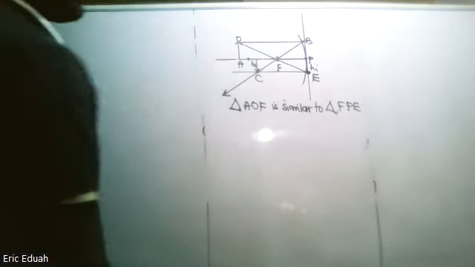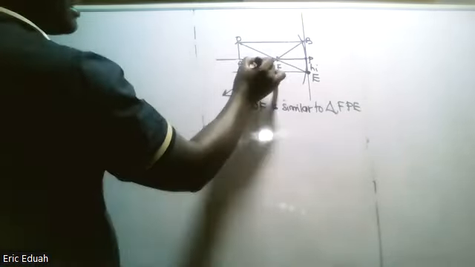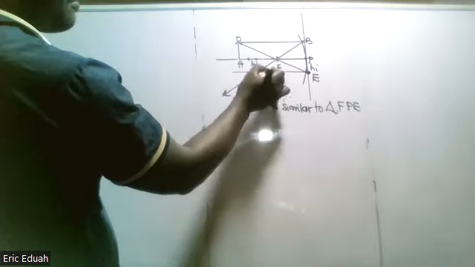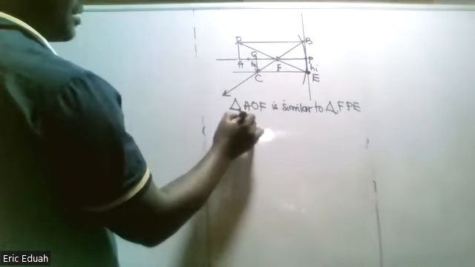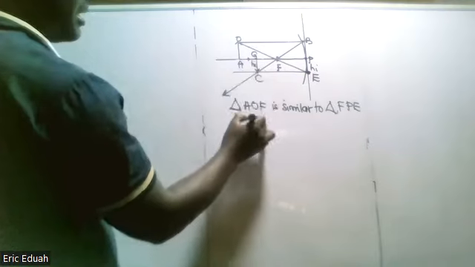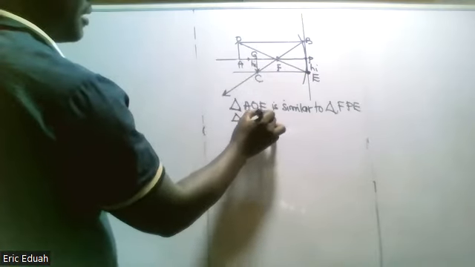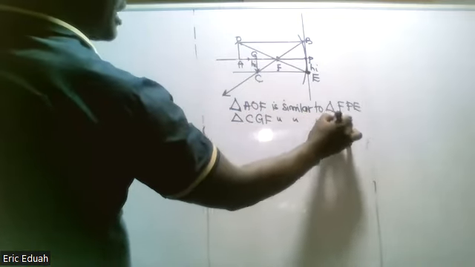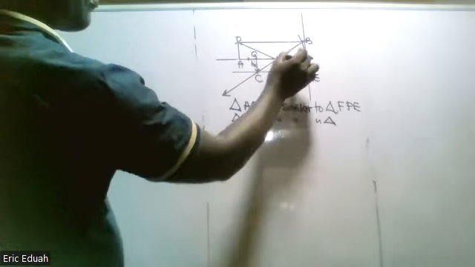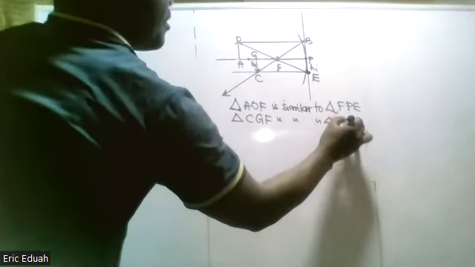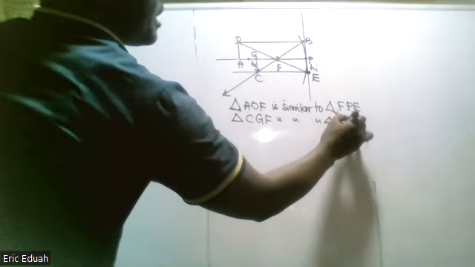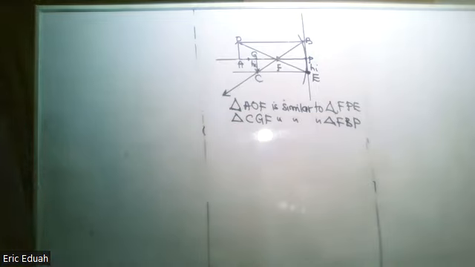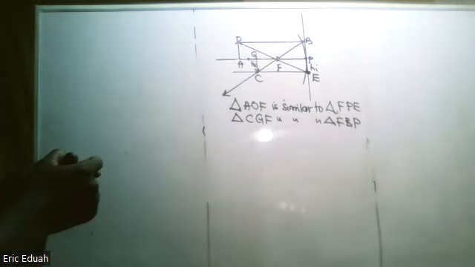We identify another similar triangle, and that is, oh, okay, E. So let's make this as G. This is G. Triangle CGF is similar to triangle FBP. So we've identified the similar triangles out of what we have.